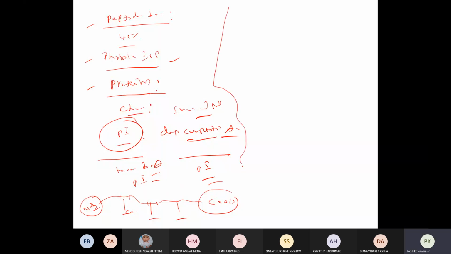After that we discussed the structure of the protein, and the protein structure is divided into four levels.